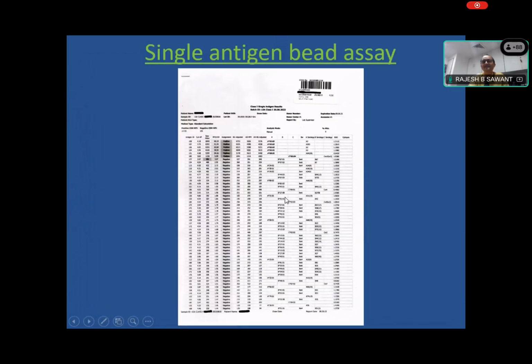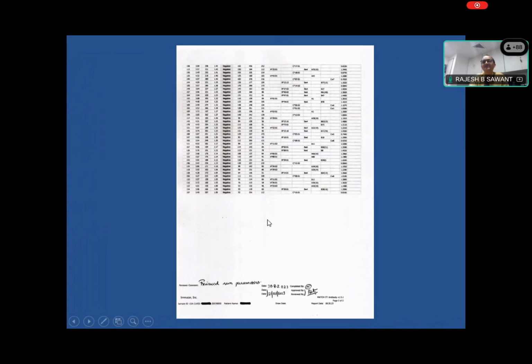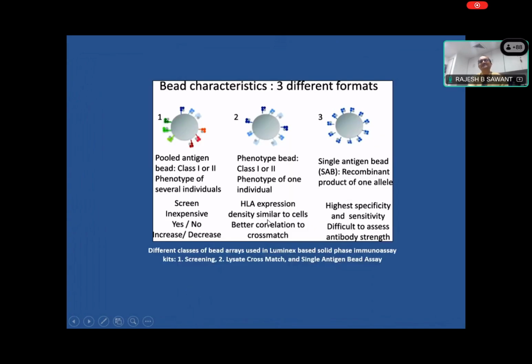Let us go further. This is the single antigen bead. You have the various HLA antigens noted here, and the reactivity to this big list of HLA antigens, in terms of MFI values, is shown in this region. So this is the single antigen bead test.